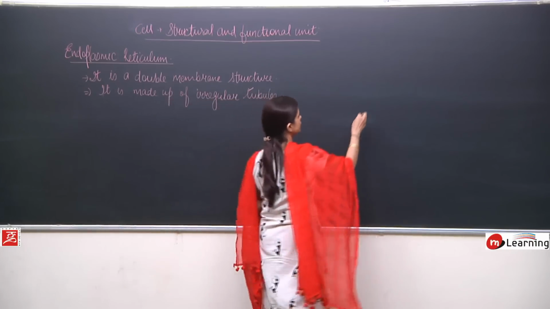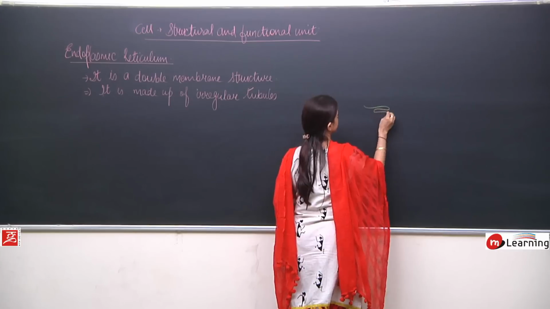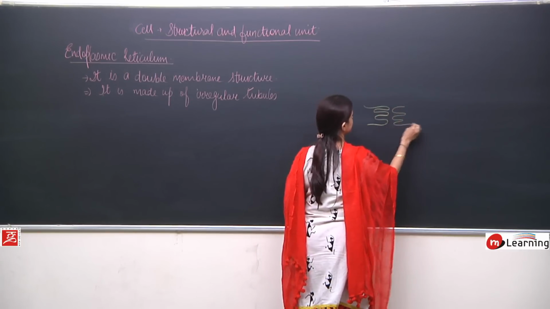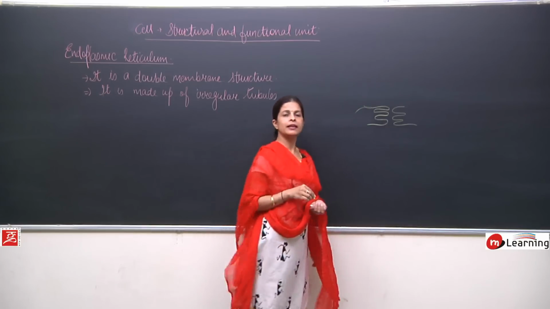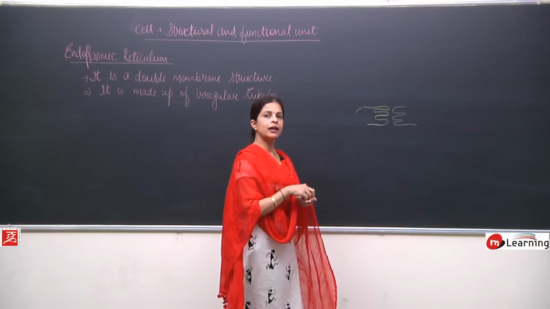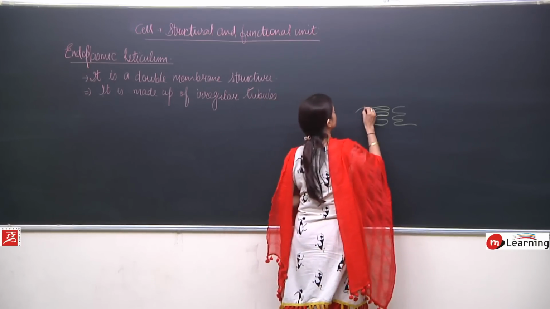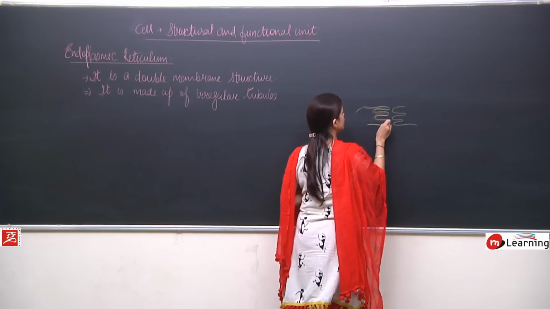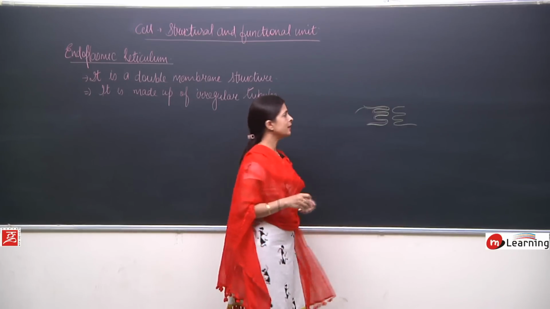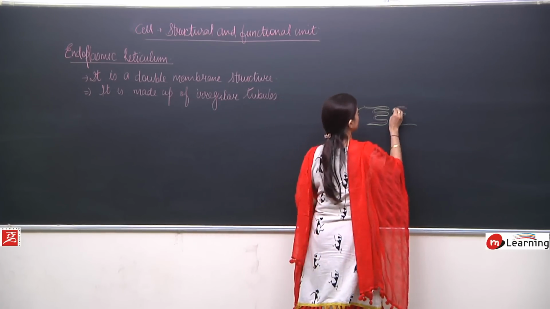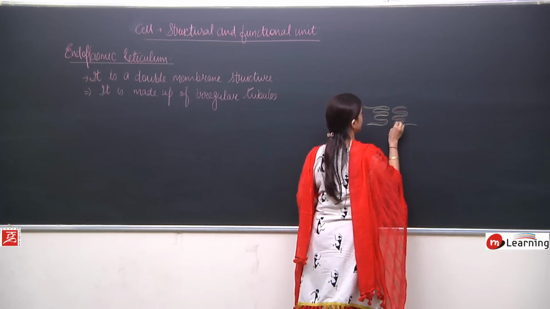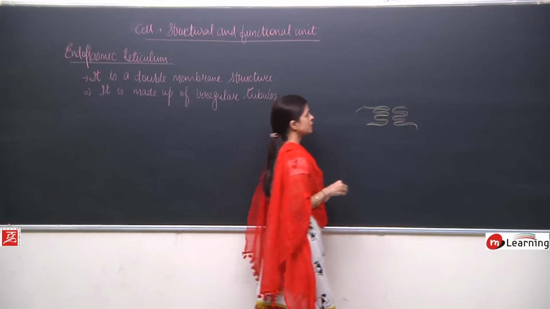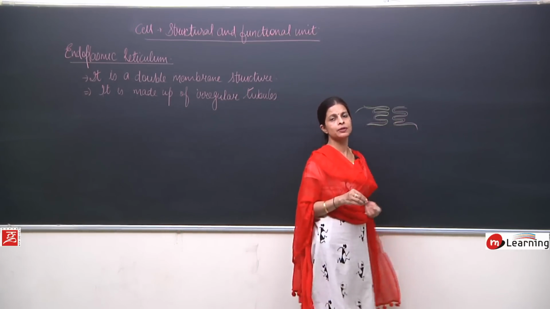It is somewhat maybe like this, and as I said, it is a double wall structure. So let me make it a double wall structure. Here also I will make it double wall. You can see it is a tubular structure and these are irregular tubules.